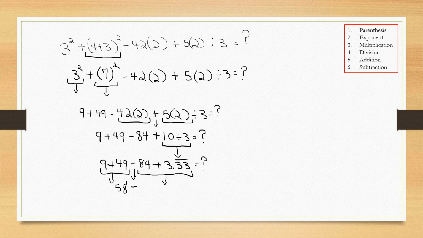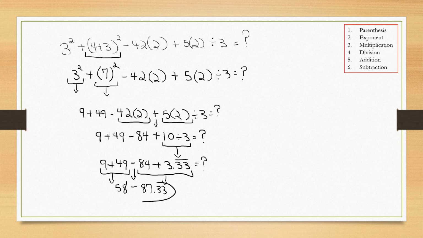Let me use my calculator for 84 plus 3.33, which is 87.33.